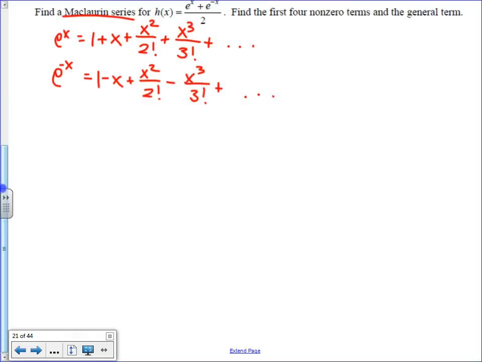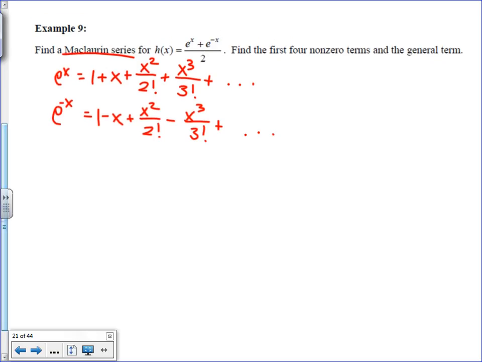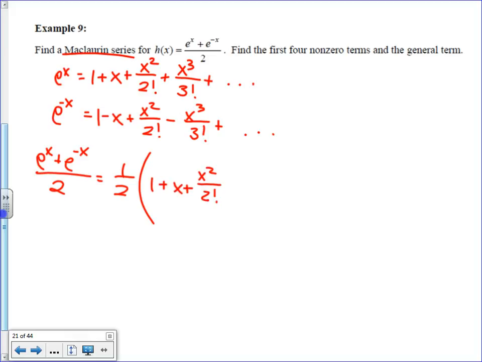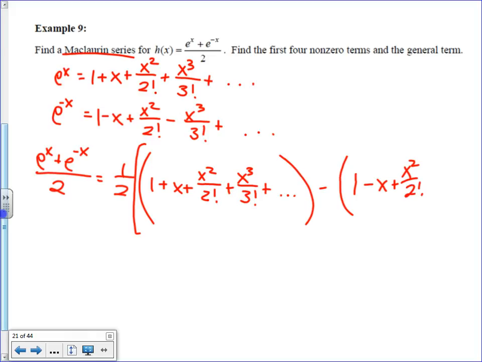So how do I actually solve this? I don't need to find the first derivative, second derivative, third derivative, fourth derivative. I can take each of these pieces and say, okay, e to the x plus e to the negative x, all over 2, is going to equal 1/2 times, bring out e to the x: 1 plus x plus x squared over 2 factorial plus x cubed over 3 factorial, plus 1 minus x plus x squared over 2 factorial minus x cubed over 3 factorial.